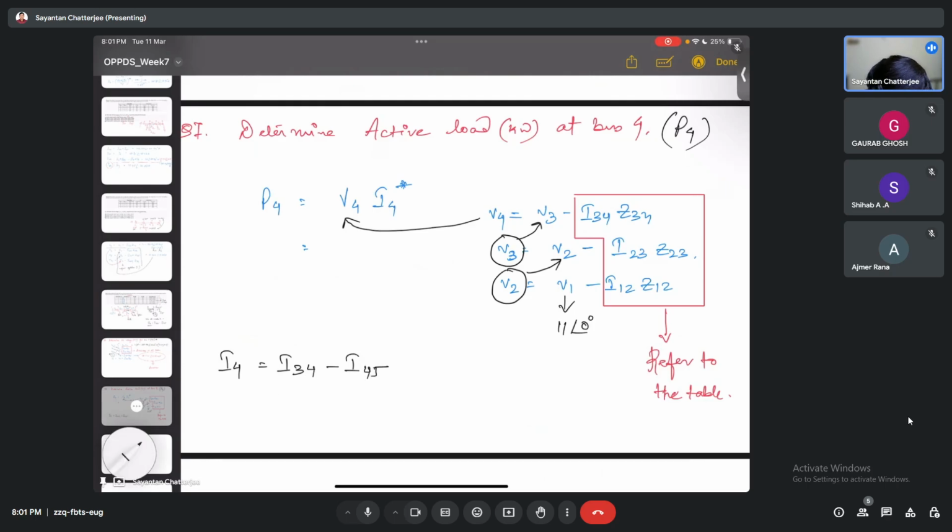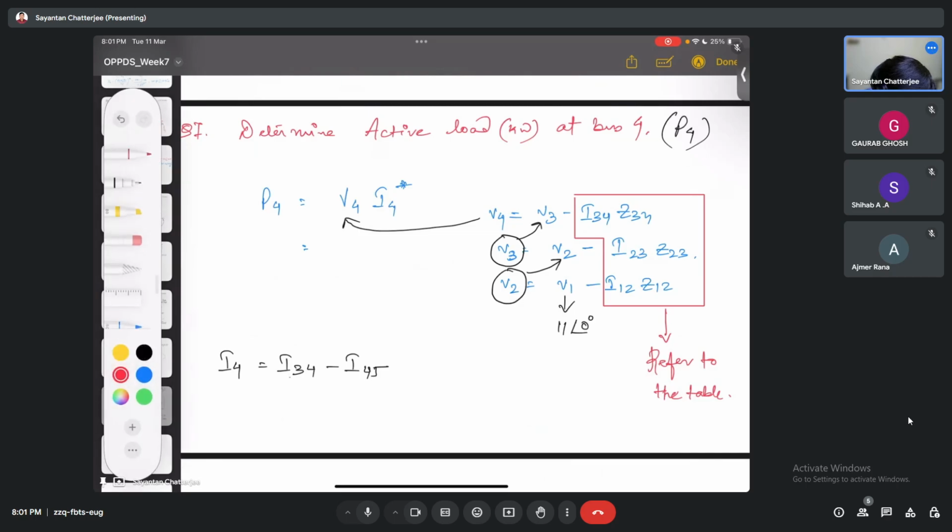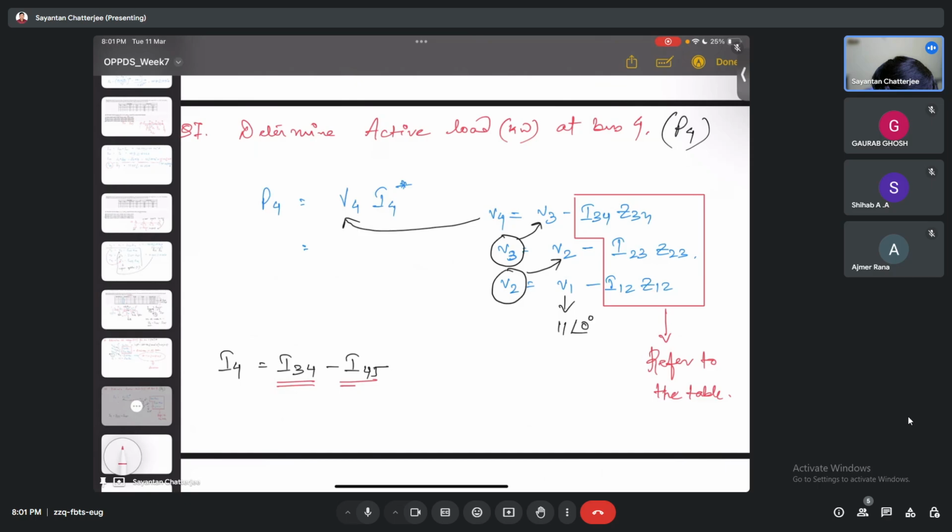Again, these two values are given in the table itself. So I4 is also calculated. Just place this I4 here and that V4 here, and we'll get the final value.